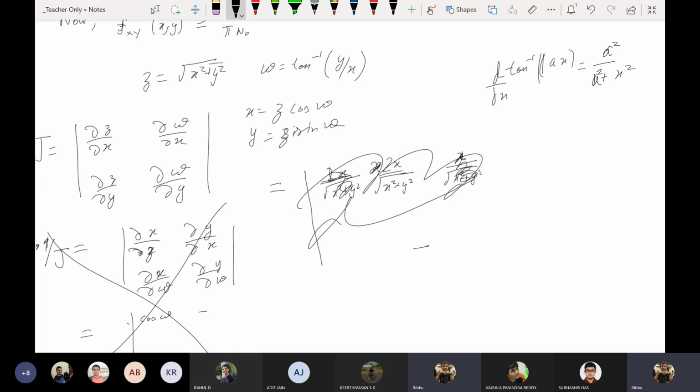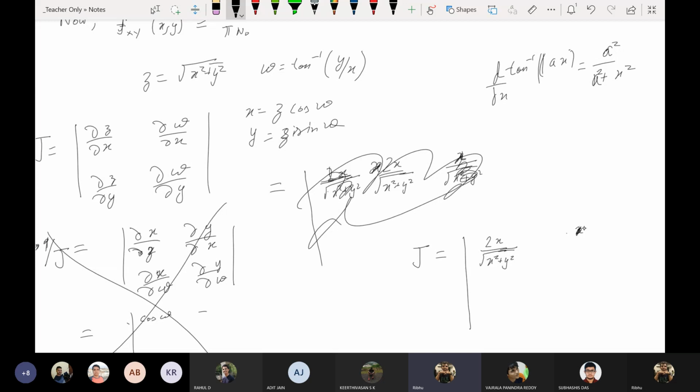So the Jacobian term becomes 2x upon root over x square plus y square. This is for 1 over x square plus y square times y by x.